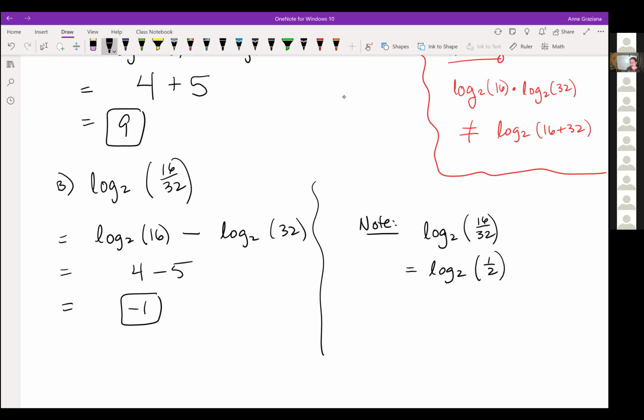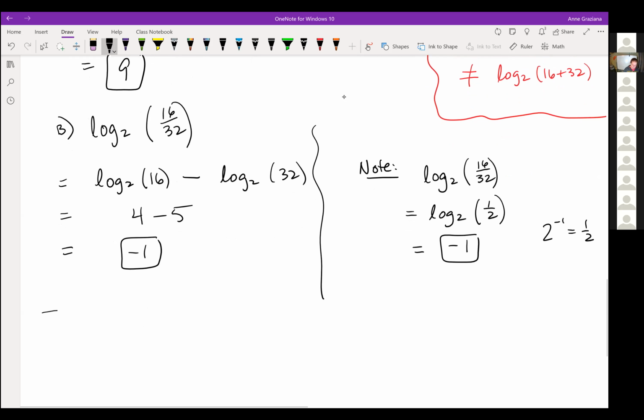So what if I simplified 16 over 32 to a half? Then what's the exponent that goes on 2 that'll give you a half? -1, right? 2 to the -1 is 1/2. So that's my exponent. You see, sometimes there's more than one way to do these, and that's okay. Both of these would be valid.